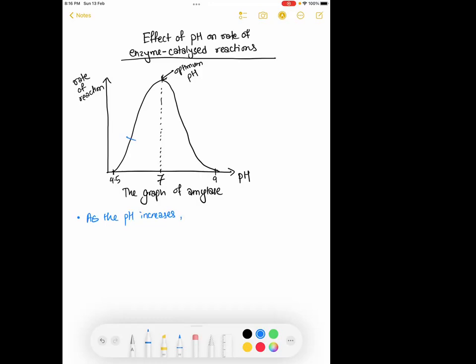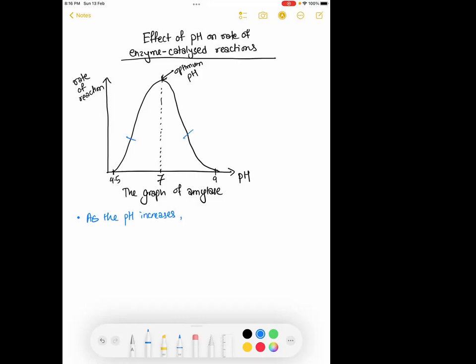Both at low pH and high pH, so even right here, the enzyme does not really work.